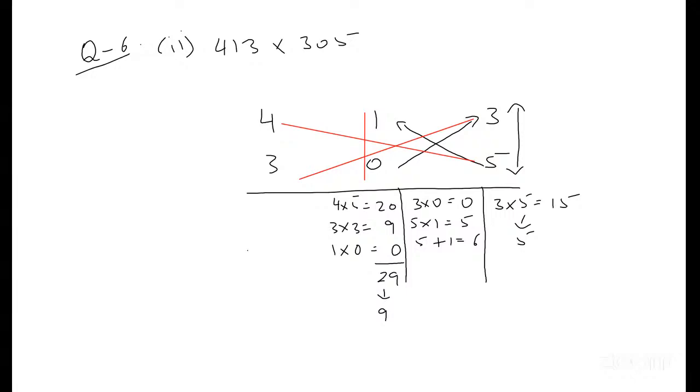Next part is we will cross multiply 4 and 0, 3 and 1.